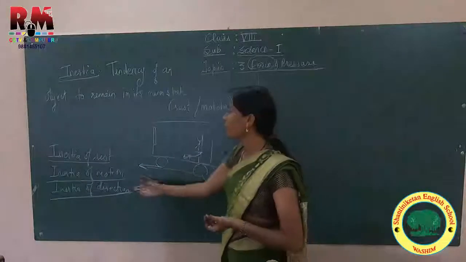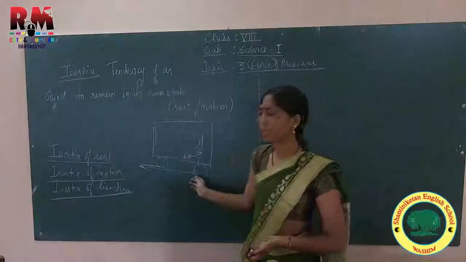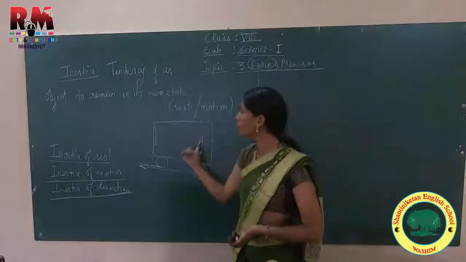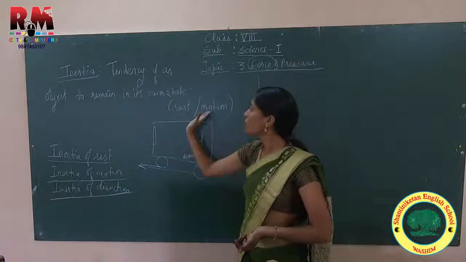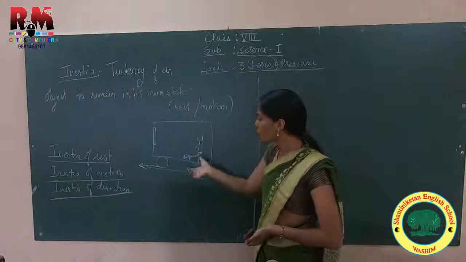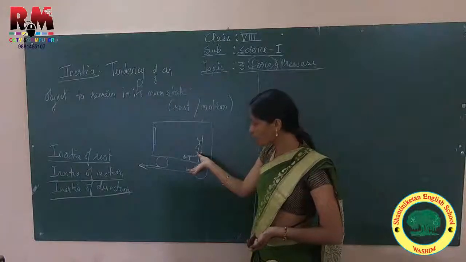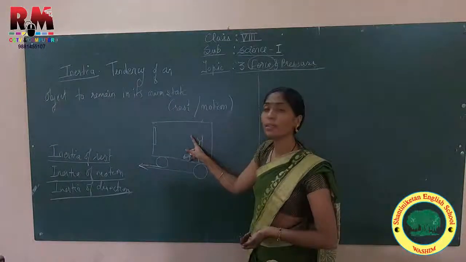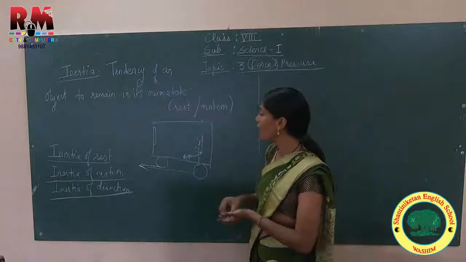Now let's see another case, for inertia of motion. The same example. Suddenly the moving bus stops. What is the tendency of the body? The tendency of the body is to be in motion. But as the bus stops suddenly, the lower part will stop, but the upper part is still in motion.